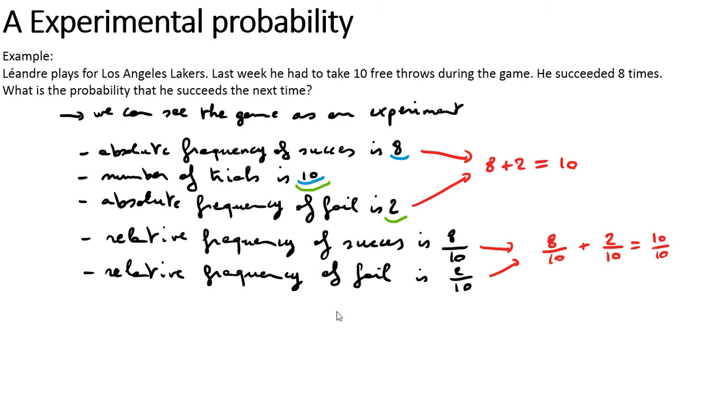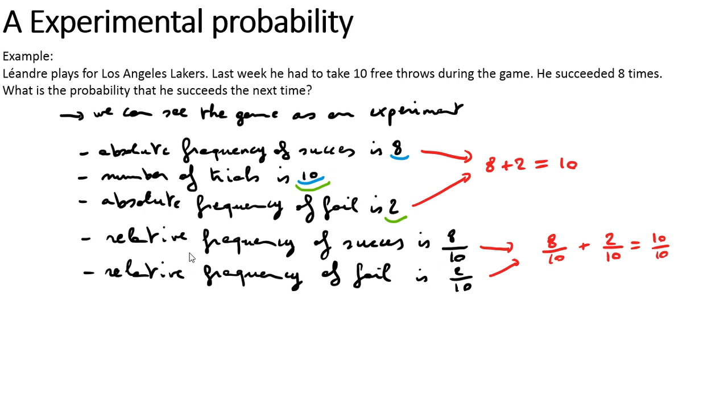Let's go back to what they ask in the example. They ask the probability that he succeeds the next time, so the experimental probability in this case. To find this, we use the results of the experiment.